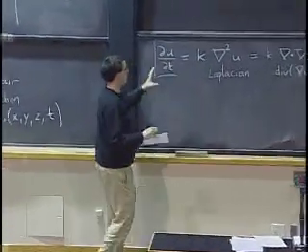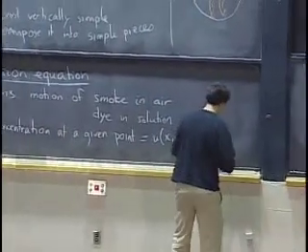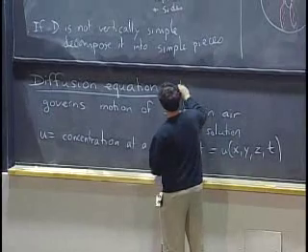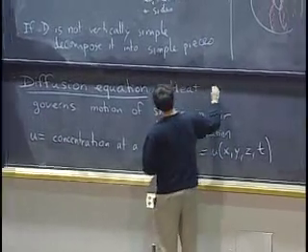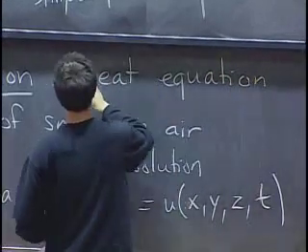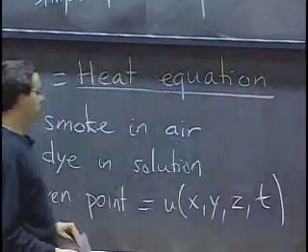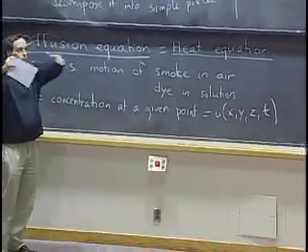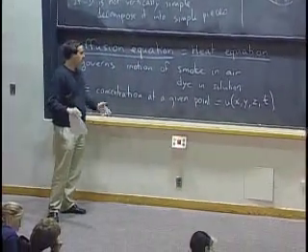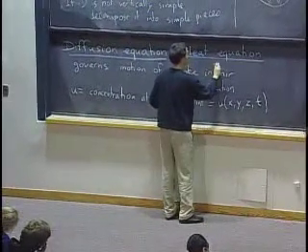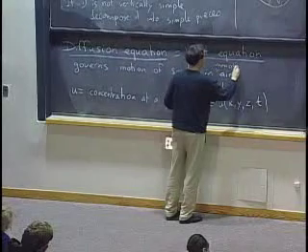But before I do that, let me point out that this equation is not just the diffusion equation. It's also known as the heat equation. And that's because exactly the same equation governs how temperature changes over time when you have, again, sorry, I should have been more careful. I should have said this is in air that's not moving.